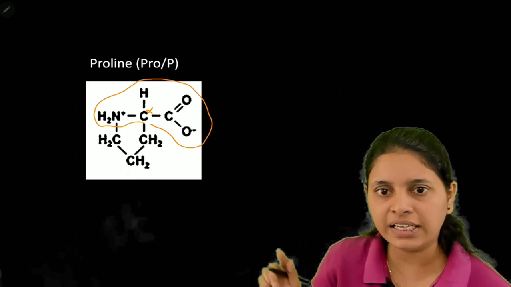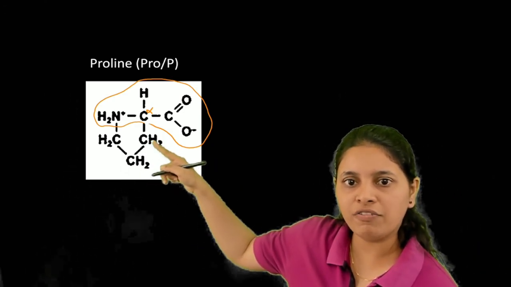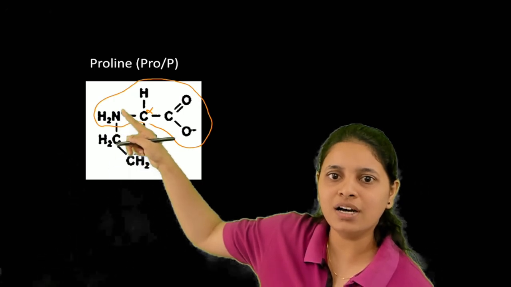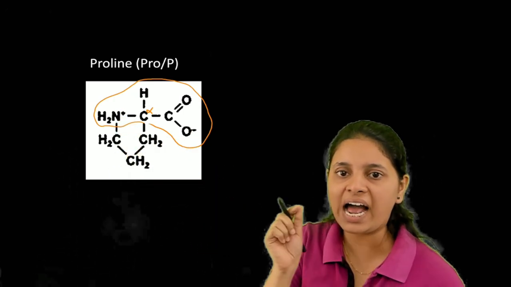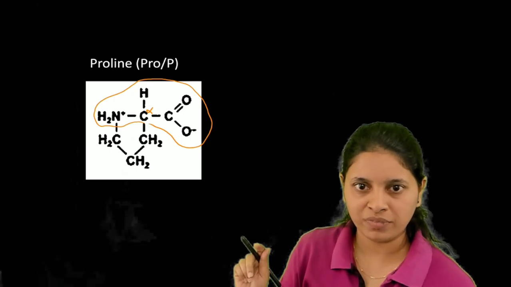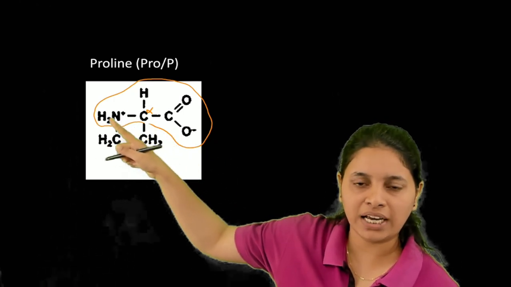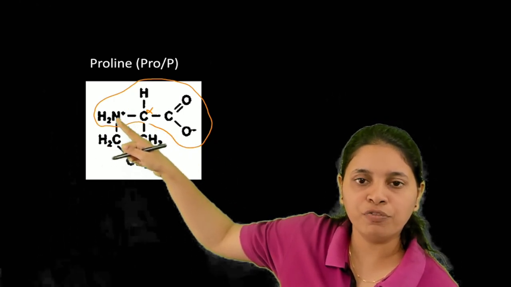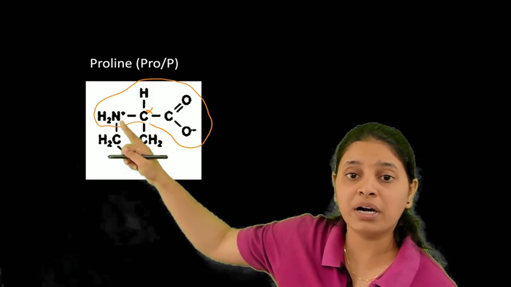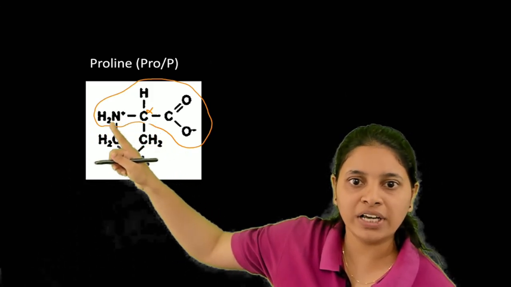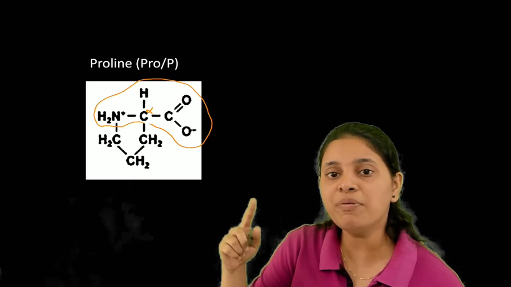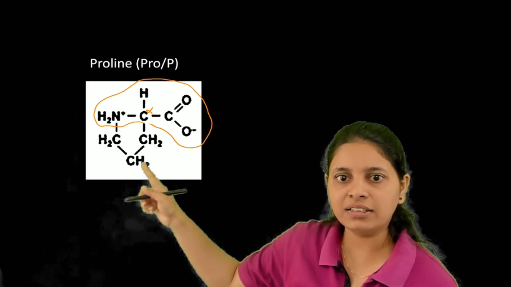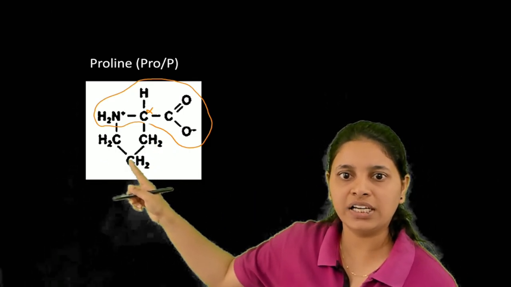But here we can see the side chain is attached to the alpha carbon and also to the amine group over here, right? So instead of amine, actually an imino group is formed. Now here I have drawn it in a protonated, charged form. But if you remove the proton, this will become NH. Instead of NH2, it will be NH. So instead of amino, it is an imino group. Okay? And see the side chain part, CH2, CH2, CH2.